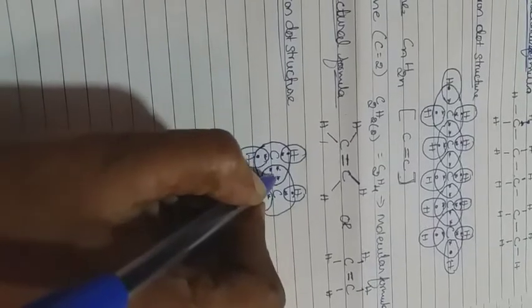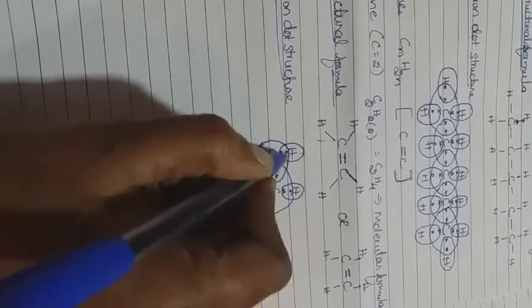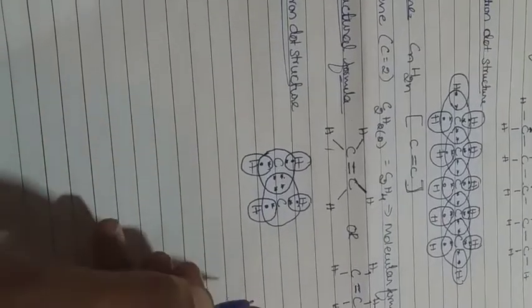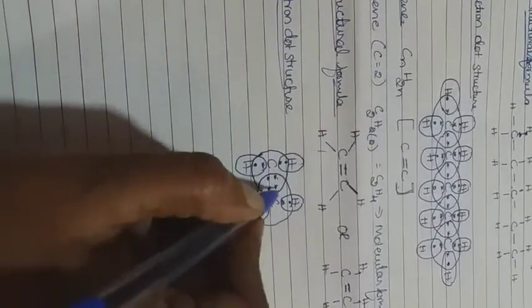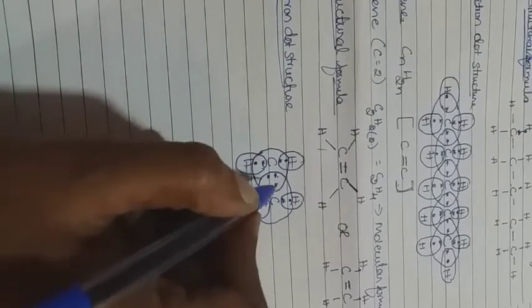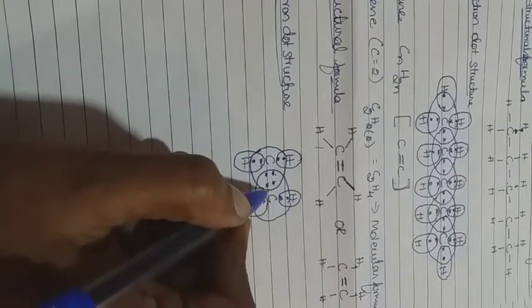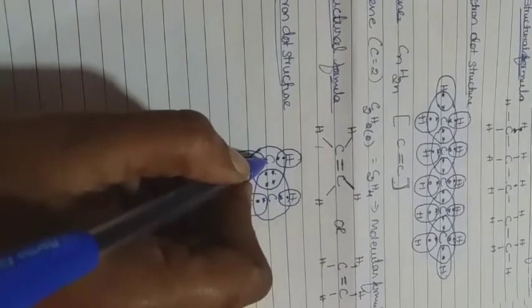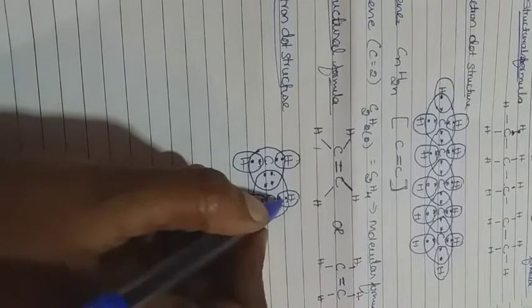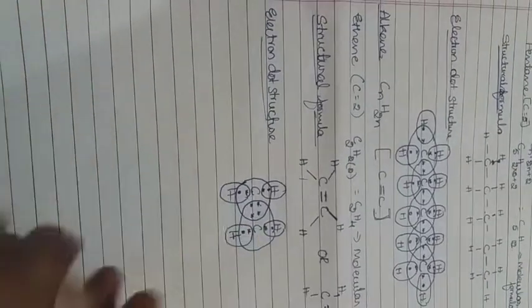Hope you understand: the electrons which are bonds should come in the middle of the circle. Keep that in your mind. If there is a double bond, 4 electrons have to come. If there is a single bond, 2 electrons. So a carbon is paired with the 2 electrons of another carbon atom and 1 electron of a hydrogen atom. So this is the electron dot structure of ethene.